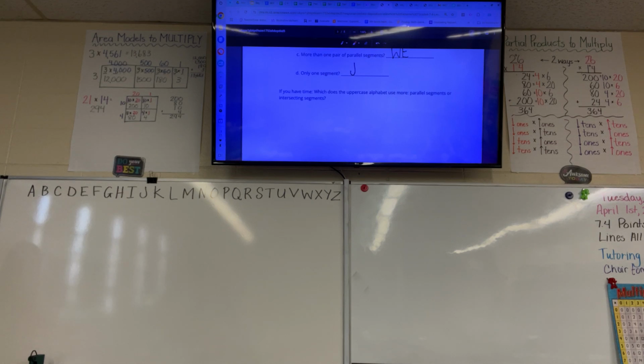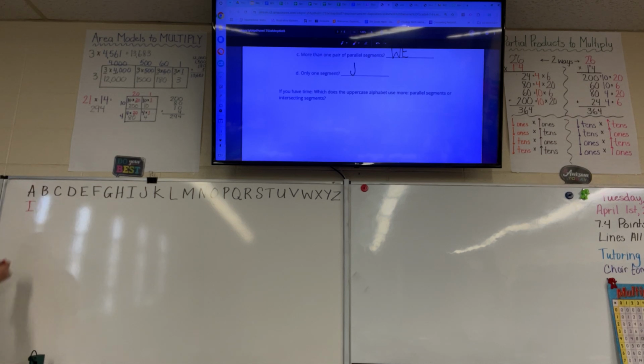Tell me whether A has parallel, intersecting, both, or neither. Ari. Intersecting, that is correct. Intersecting, because they intersect right here, don't they?